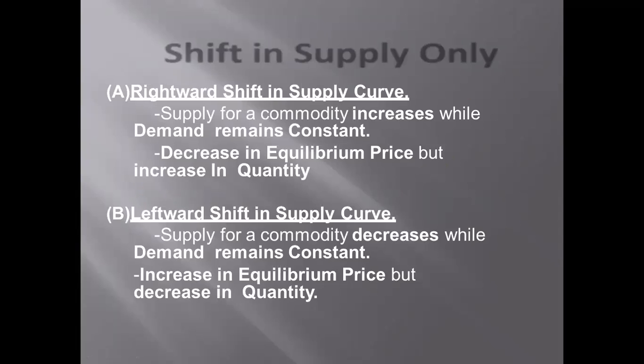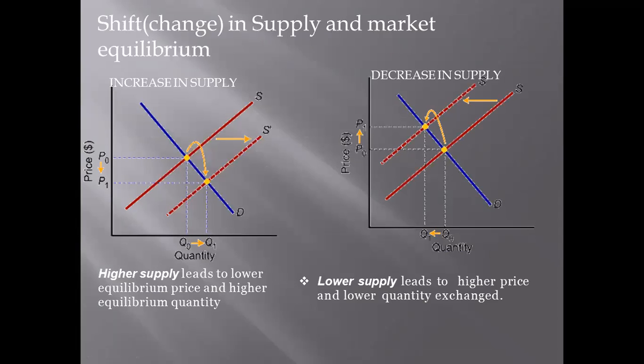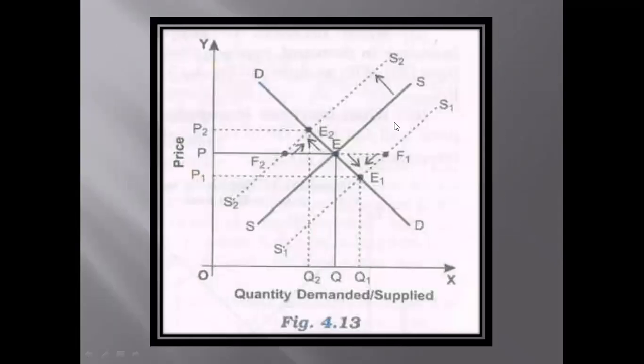Now, as I also gave you the diagram where both the diagrams of demand were in one, these two diagrams, children, of increase and decrease in supply, you can also show in one particular diagram where your demand is constant. This is the original supply curve and E is your original equilibrium point. So when your supply is increasing from S to S1, your quantity is going to increase, but your price is going to come down.